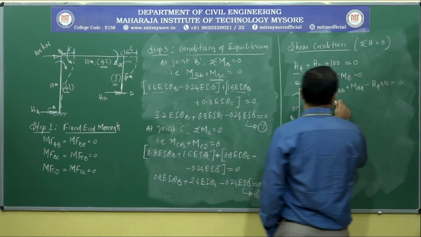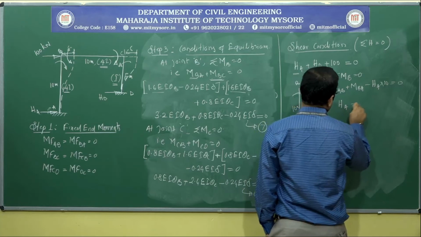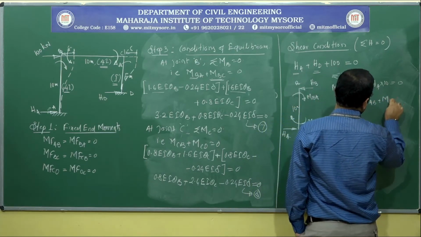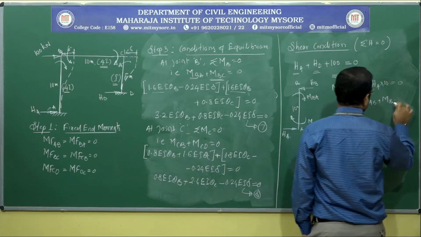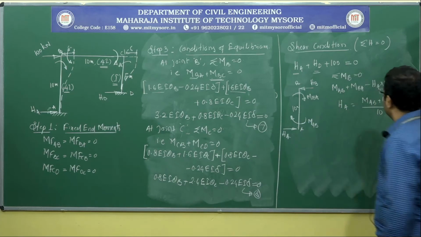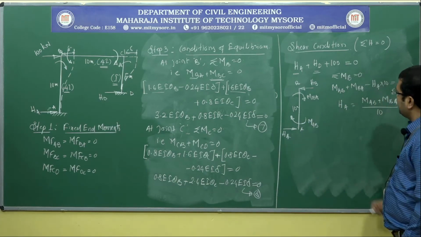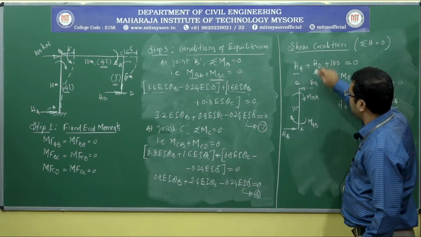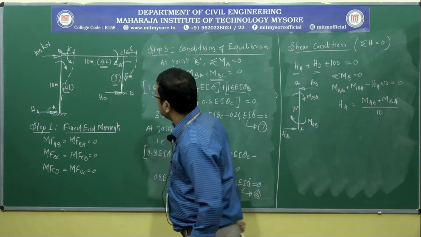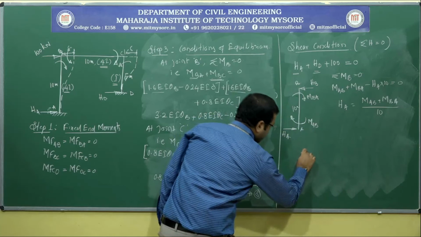So, here HA we will get as MAB plus MBA divided by 10. Similarly, we need to determine the value of HD by writing the free body diagram of the column CD.